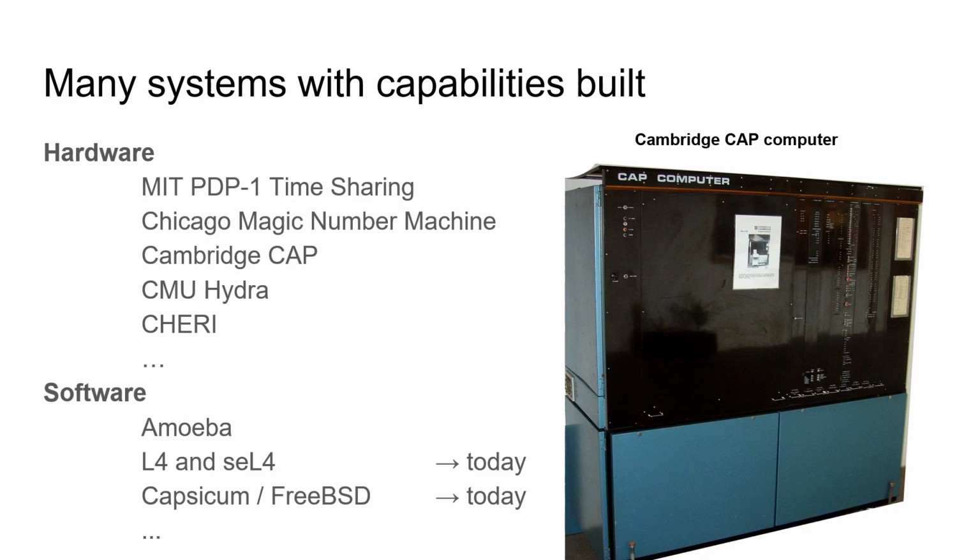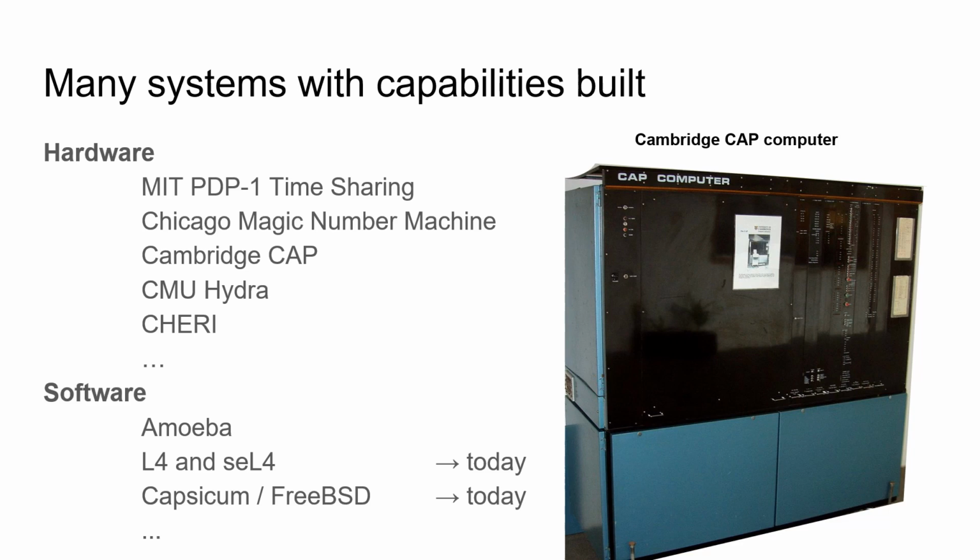But even today, we have systems that researchers initially built with support for capabilities, such as the very interesting CHERI project, which has capability support built into hardware and which has now received funding to do this seriously and produce actual hardware. So capabilities in hardware are still very much alive.